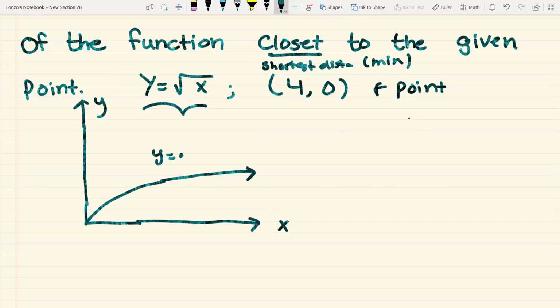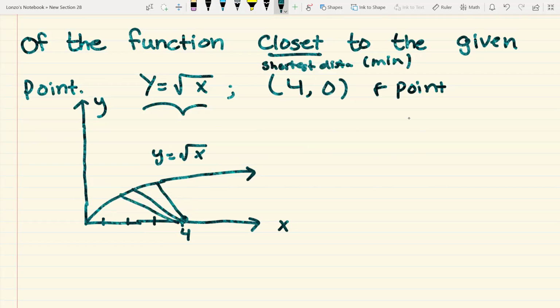So here's the function y equals radical x. And then if you plot the point 4, comma 0, 1, 2, 3, 4, here's 4, comma 0. We got to find a distance that's the shortest. So it could be this distance, it could be this distance, or it could be this distance. It's got to be the shortest distance.